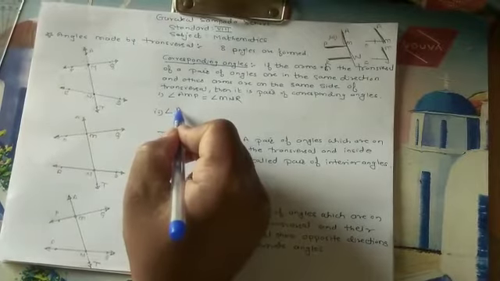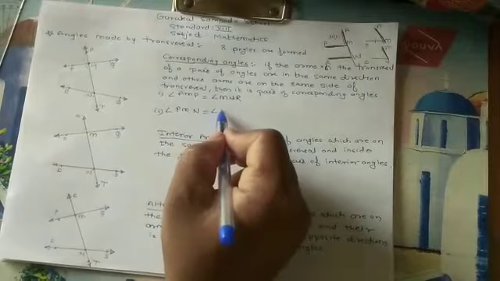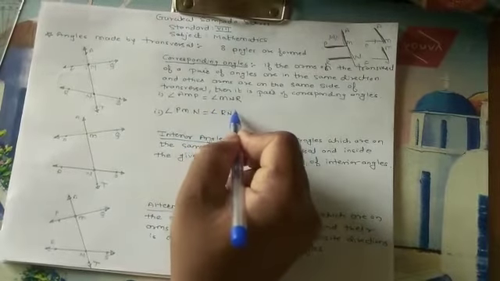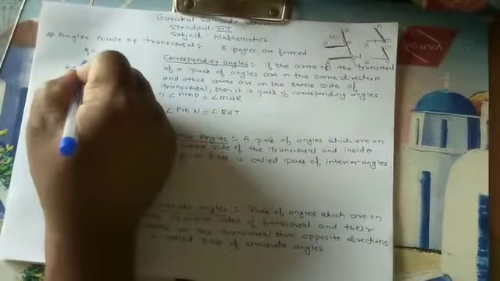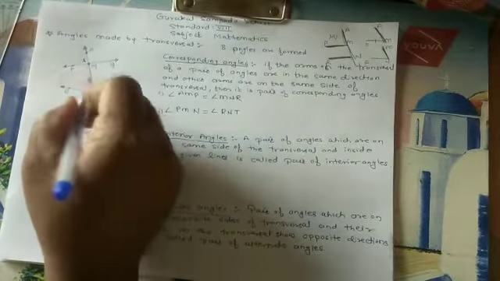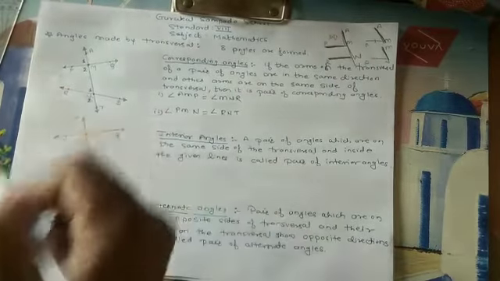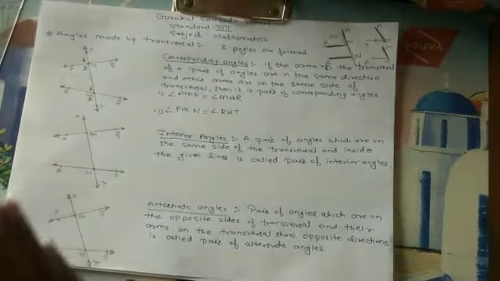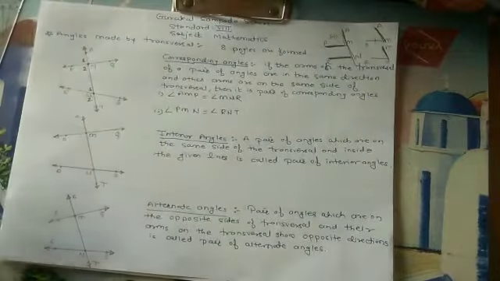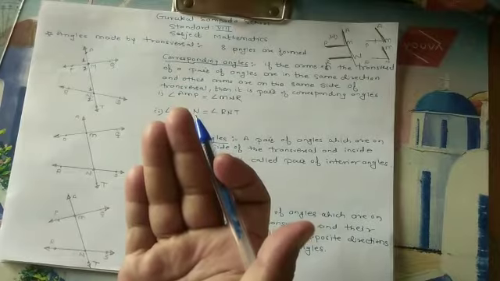Angle PMN is equal to angle RNT. This is the second pair. These are the two pairs of corresponding angles which are formed on the left side of the transversal. Similarly, on the right side of the transversal two pairs of angles are also formed.